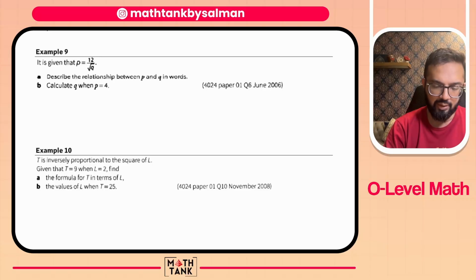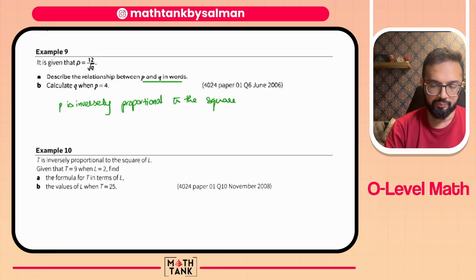It says describe the relationship of P and Q in words. So P is inversely proportional to the square root of Q. Okay, then calculate Q when P equals 4.